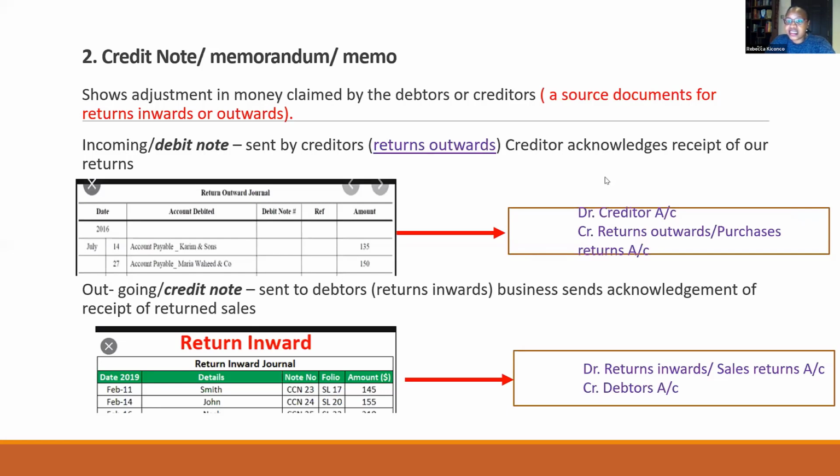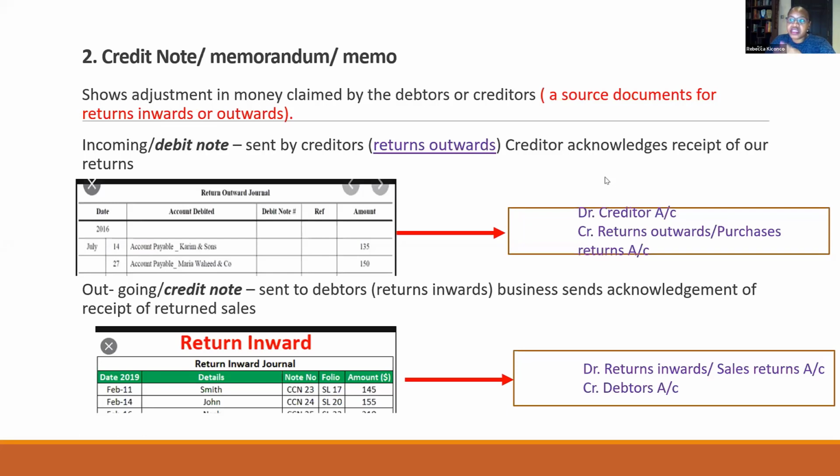It has a date, it has the creditor, it has the debit note number, it has a reference, which will probably be in the ledger, and then the amount that is going to be reduced against the creditor.